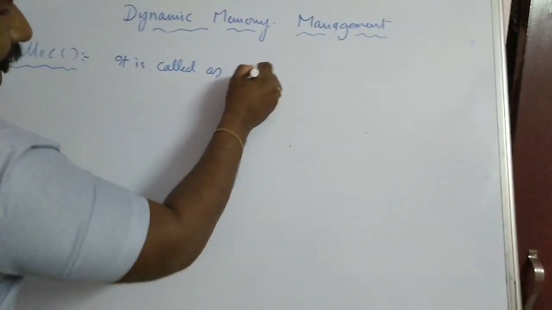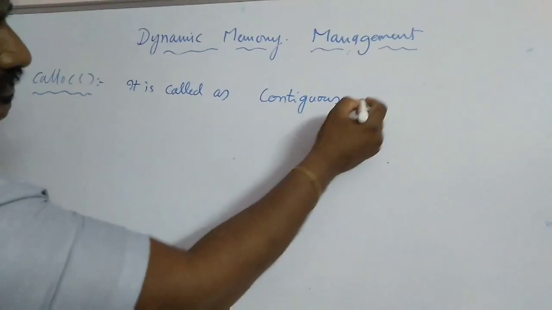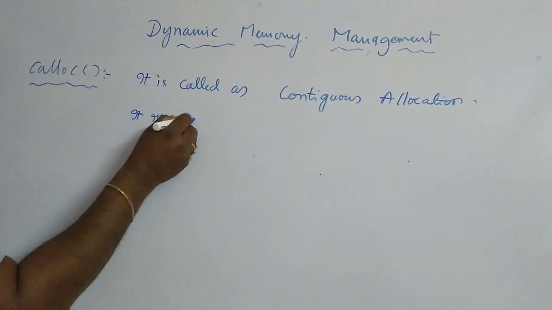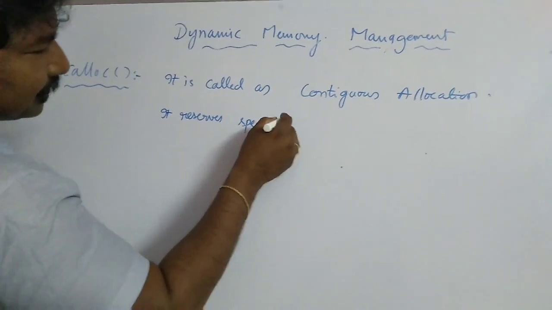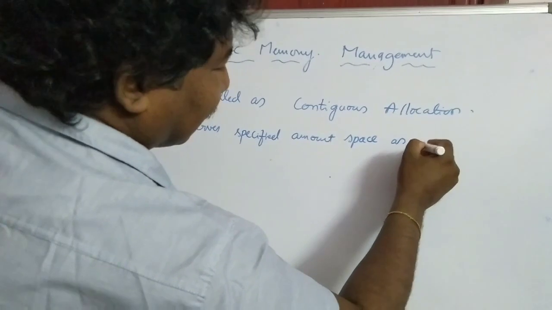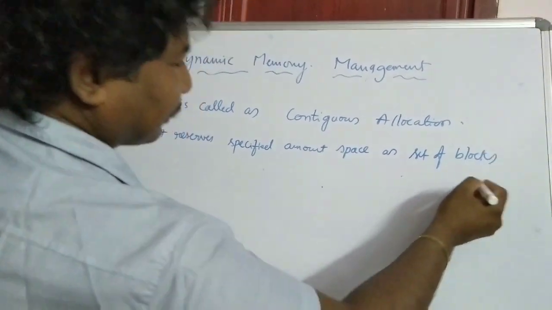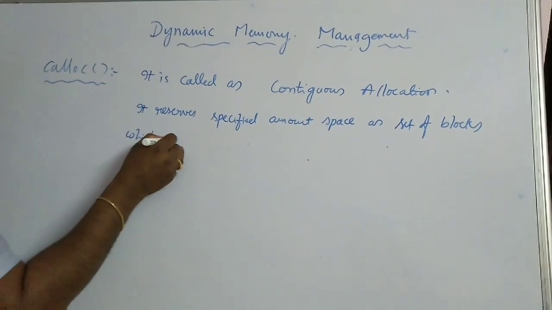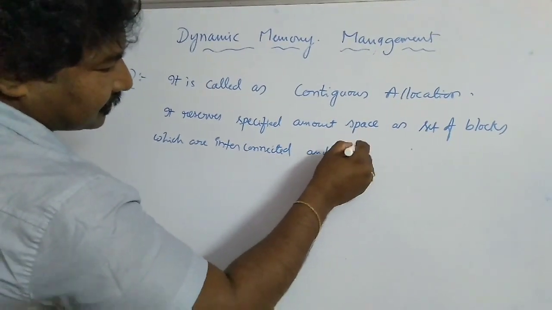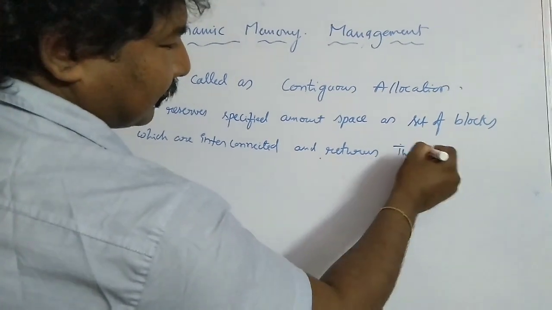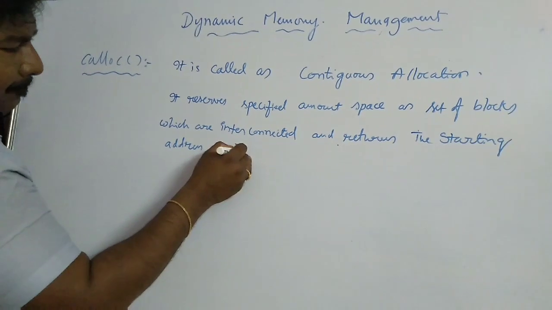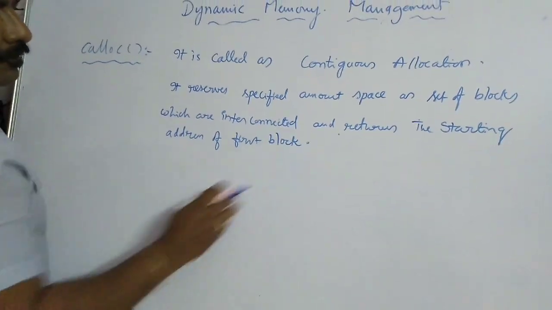Calloc is called contiguous allocation. It reserves a specified amount of space as a set of blocks which are interconnected, and returns the starting address of the first block.